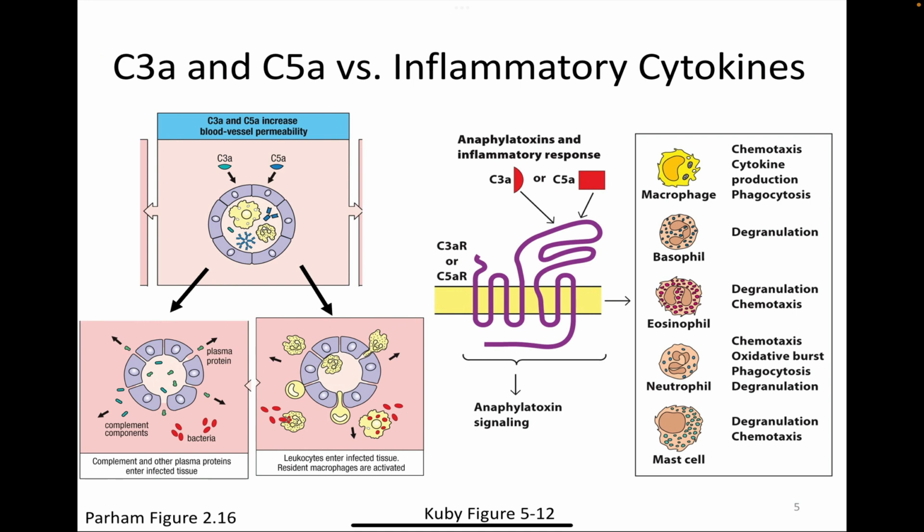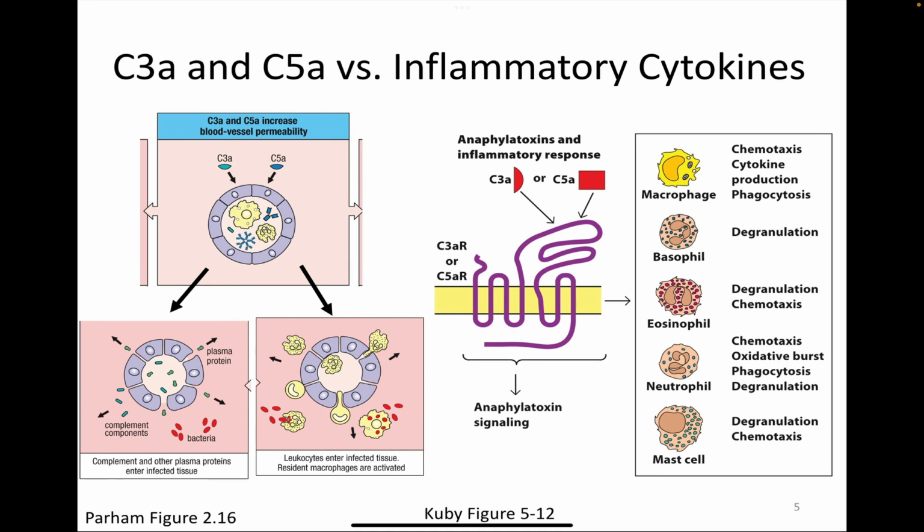It turns out that the C3a and C5a receptors are basically identical to chemokine receptors. And for all intents and purposes, the things that C3a and C5a do are change the size of the blood vessel and make the blood vessel leaky, like increasing vascular permeability. And for almost all intents and purposes, as far as you care about, C3a and C5a act the same as inflammatory cytokines.